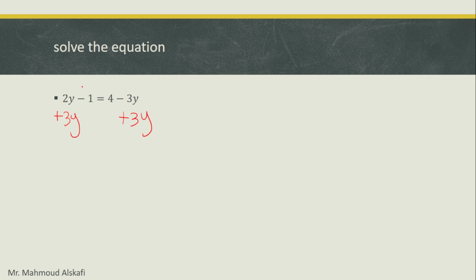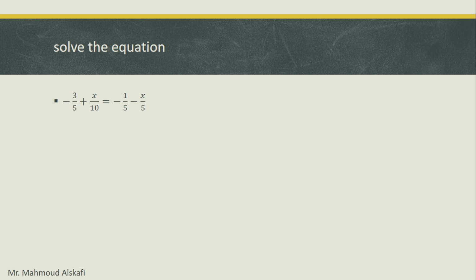Can we put at the same time plus 1, plus 1? It's okay. So 2y plus 3y gives me 5y equals 4 plus 1 equals 5, divided by 5 for both sides, so y equals 1.